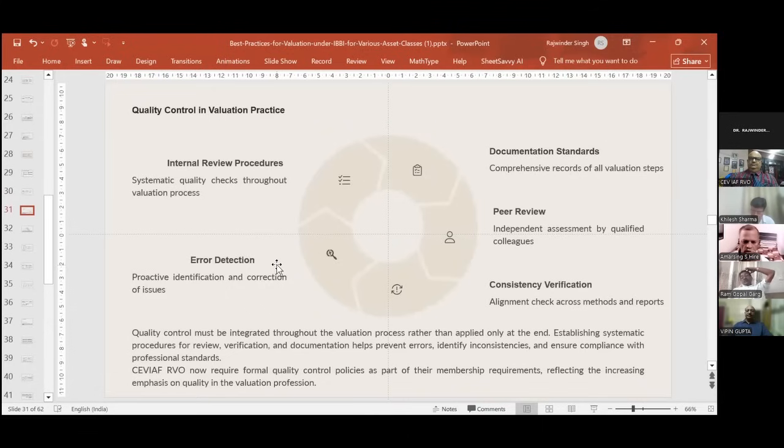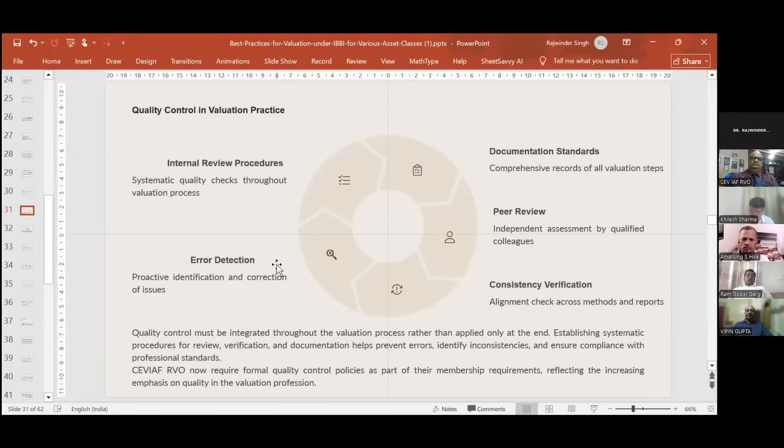Then, as a valuer, you have to maintain quality control on your work. How can you carry out quality control in your valuation practice? First thing, you must have internal review procedures in your firm.